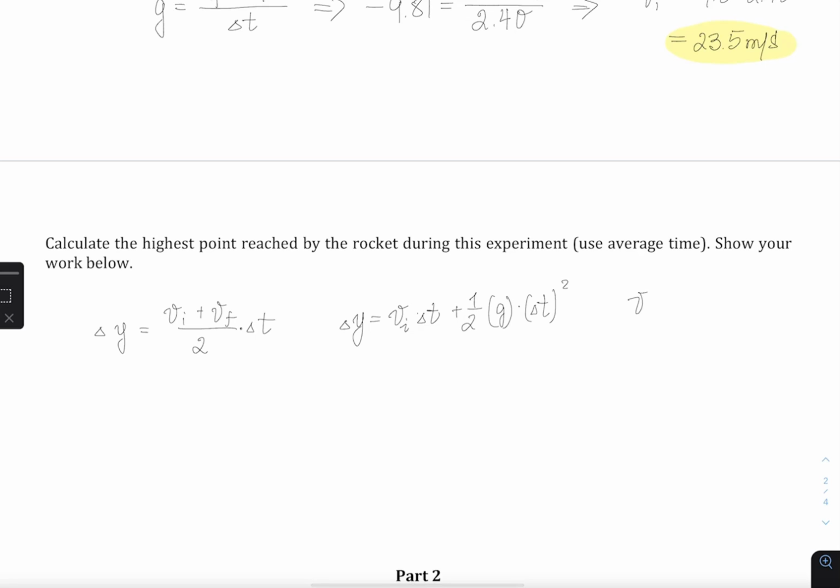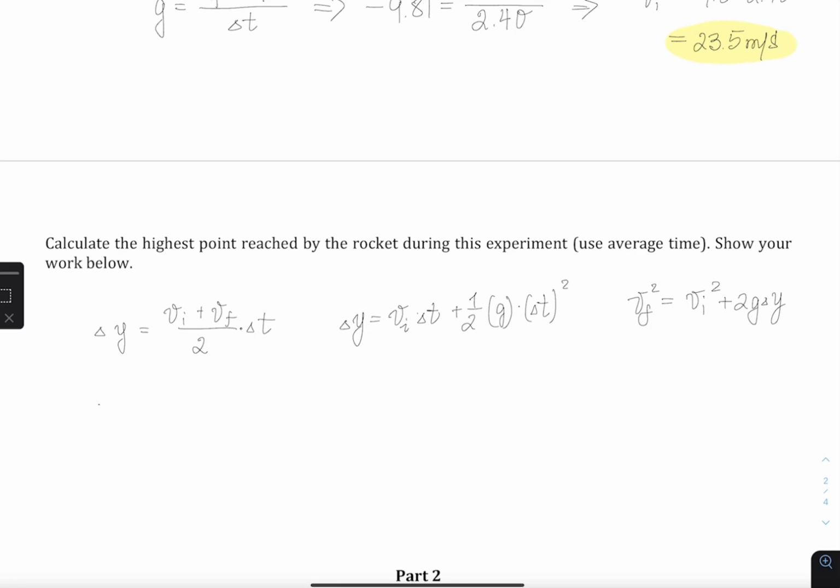And then the third option was v final squared equals v initial squared plus 2g change in y. You could have used either one of those 3. I'm going to just for fun use all 3 and show you that indeed you will have the same answer.